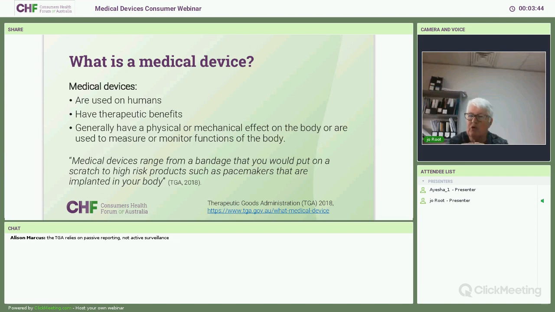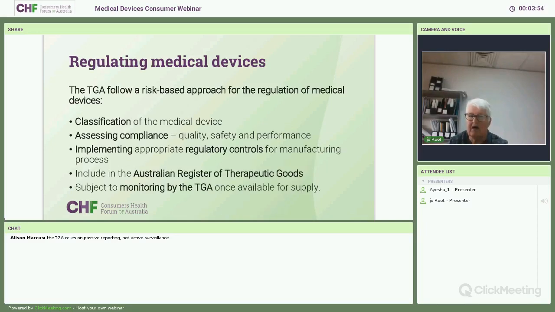And we're talking for this purpose about the high-risk, permanently implantable devices.